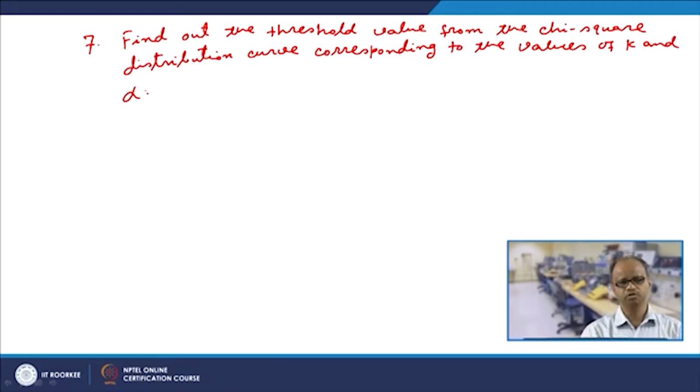We have already shown in the last lecture that corresponding to any particular combination of k and alpha, there is a certain threshold value.